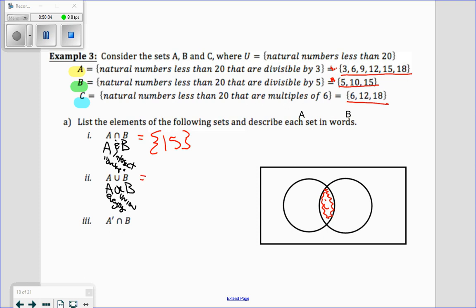What are the numbers that are in A or B? A or B means we're going to list out everything. I'm going to start with 3 and then 5, 6, 9, 10, 12, 15, 18. So one or the other or both.